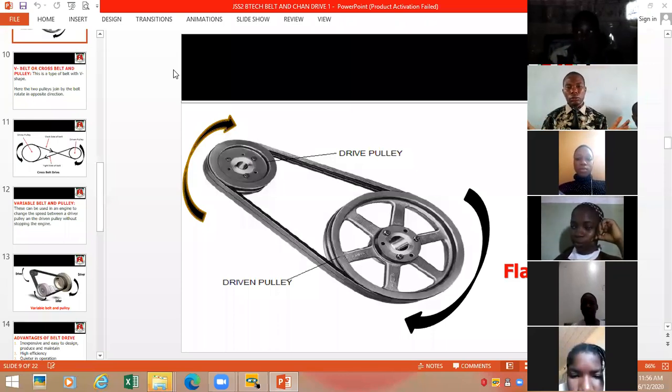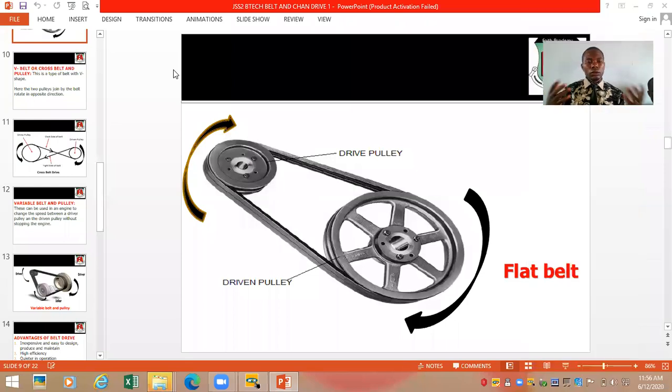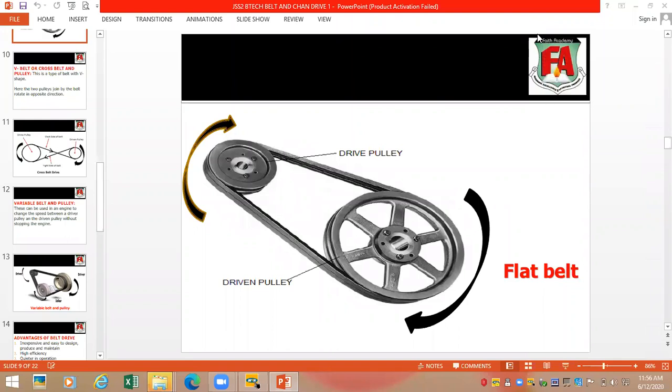If you are grinding your tomatoes, both the driver and the driven move at the same time. That will help you to finish up your grinding easily. Is that clear? Any other question? Okay, let's continue.